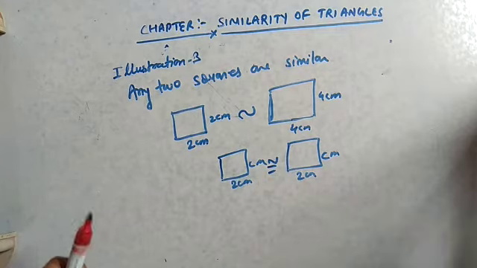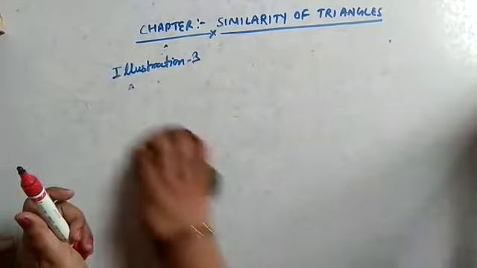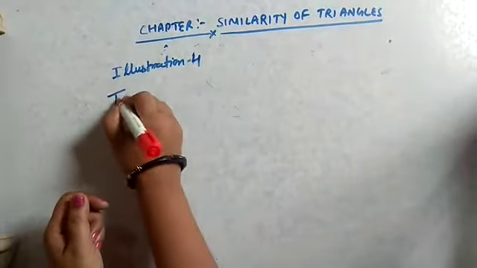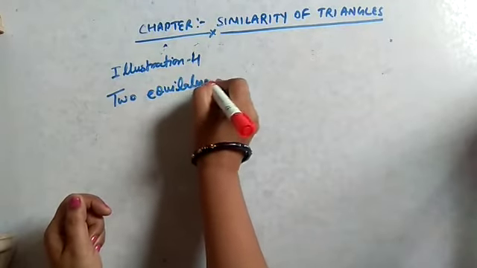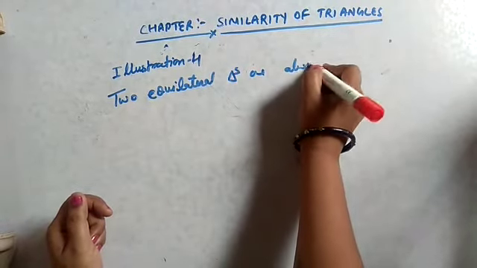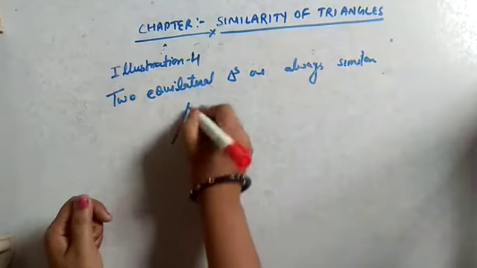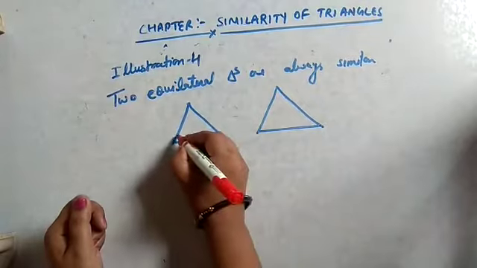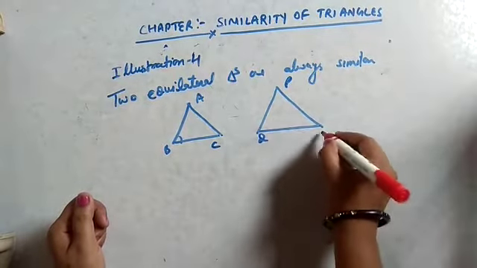Now come to the case of triangles. When we are having two equilateral triangles, they are always similar. Okay, because they are always having the same shape and they look like each other, like ABC and PQR.